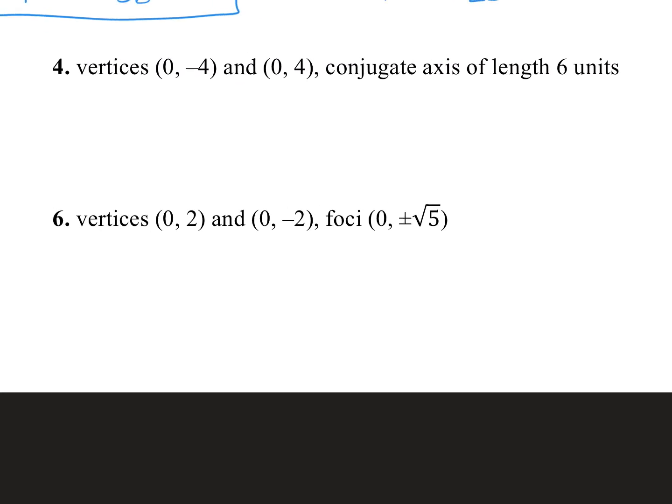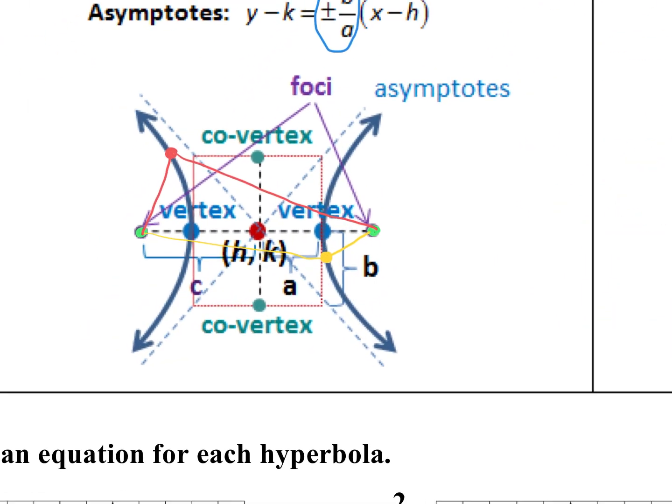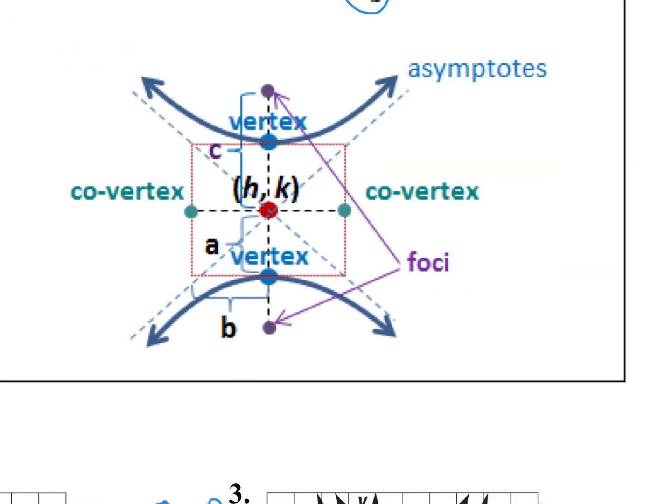All right, I need to teach you guys some more vocab. So going back here, we don't have a major and minor axis anymore, and I'll do it on this one.